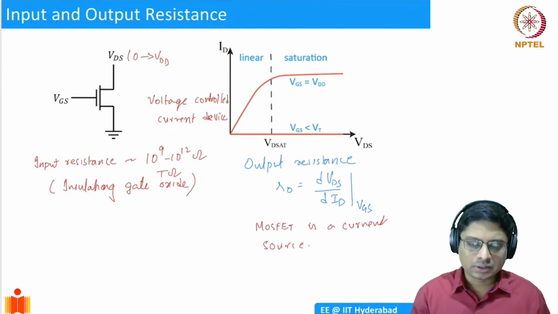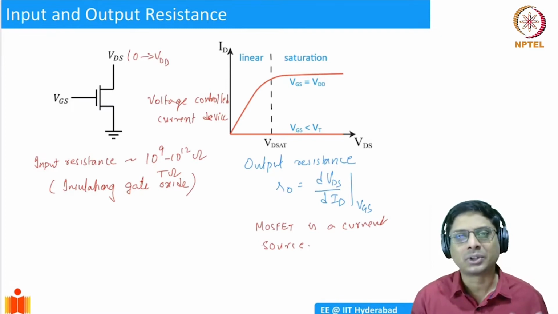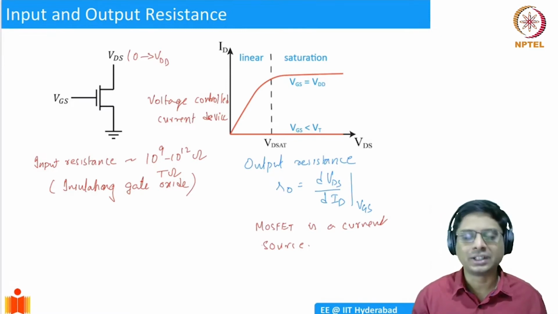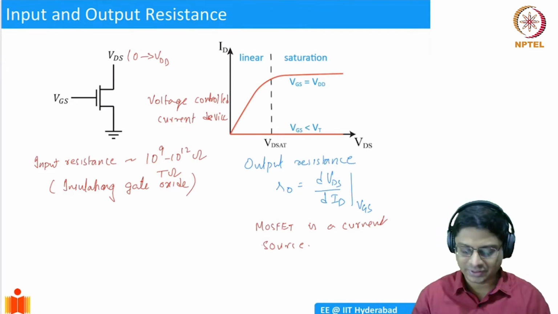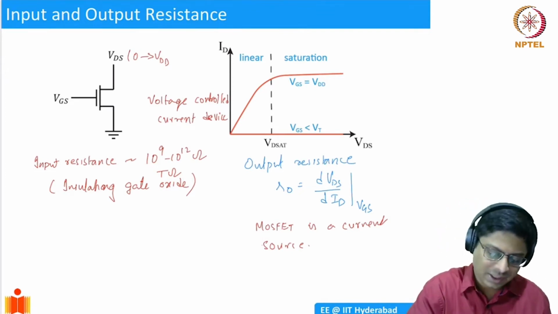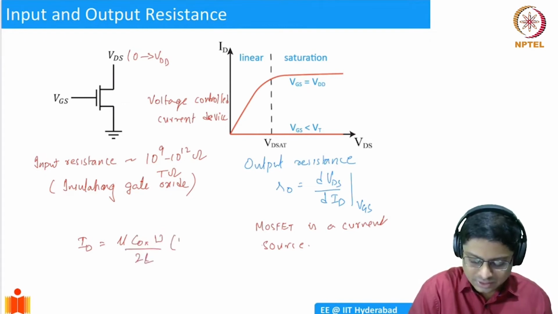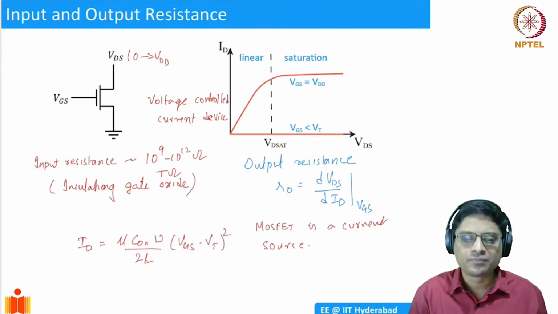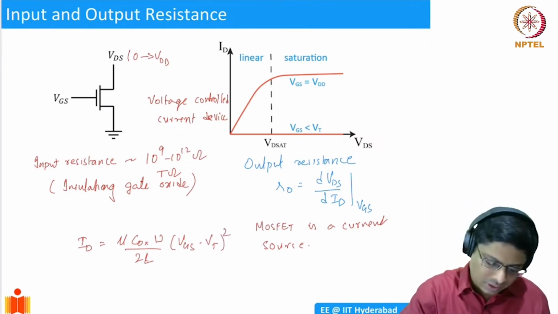Okay. But then, this is for an ideal MOSFET. In the square law theory we saw that once the MOSFET hits saturation, it remains constant. And we said the constant current was ID, which was mu Cox W by 2L into (VGS minus VT) whole squared. We said the current remains at this value. But it turns out that this is not quite true.